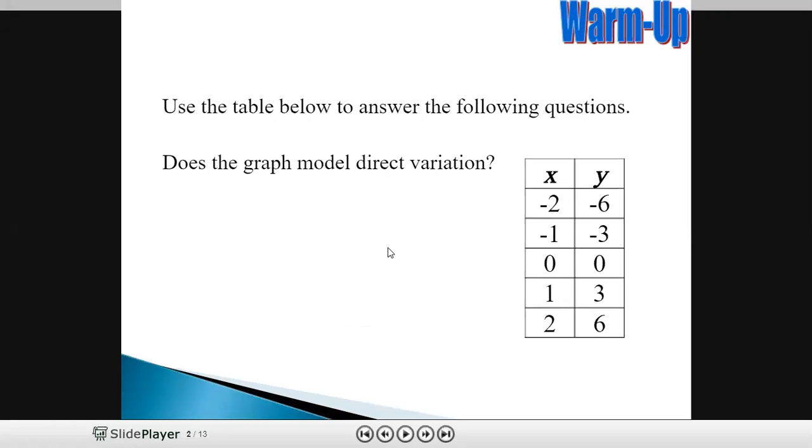Direct variation means y over x is a constant, and we don't have a y-intercept. Can anyone tell me, how are we going to prove something like that? How will we know that this represents a direct variation?